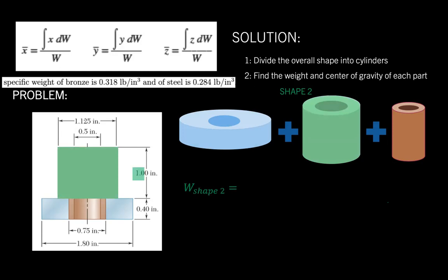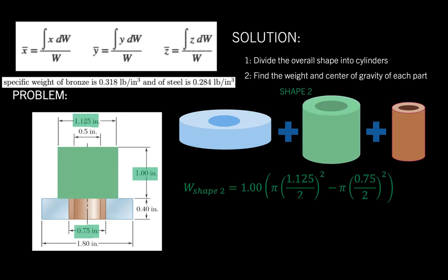For shape 2, the weight is equal to the height of that cylinder, which is 1 inch, times pi times 1.125 over 2 squared, because 1.125 is the diameter and then half of that is the radius, minus the area of the inner cylinder multiplied by its height.